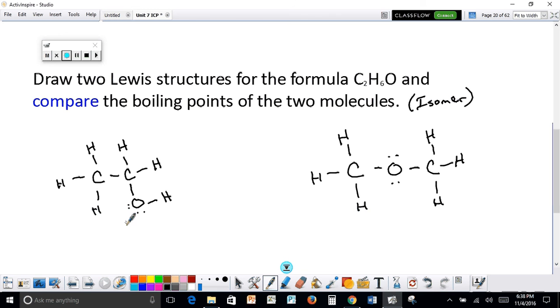Well, you should remember from organic that this is an alcohol and this is an ether.